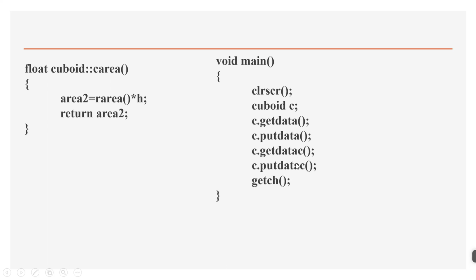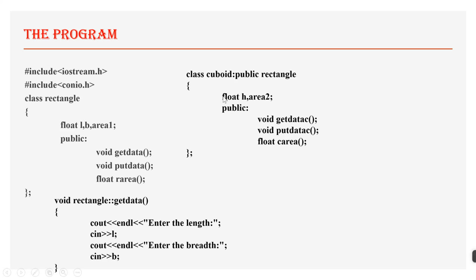So put data C will display L into B into H, because here also a function is used to invoke the function of the base class, which is multiplied later by H. So now here it's very clear that the object created in the derived class takes the elements of the base class, uses the public functions of the base class in addition to the members which are declared inside this derived class.